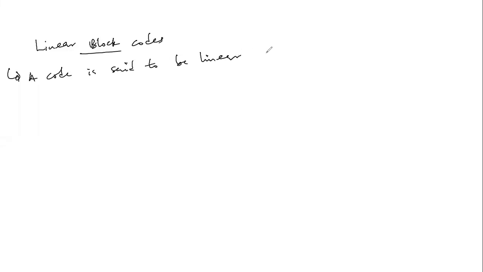Let's consider linear block codes. Now, a code is said to be linear if the sum of any two code words produces another.